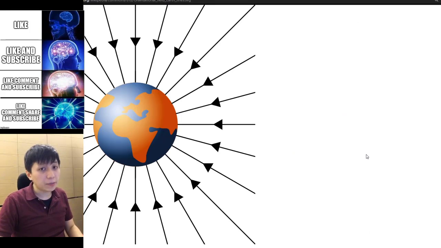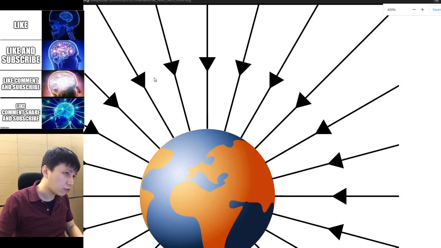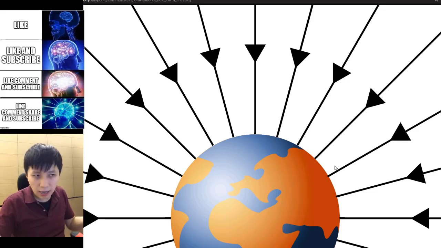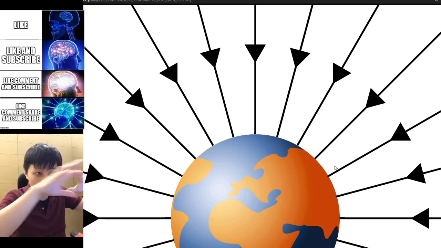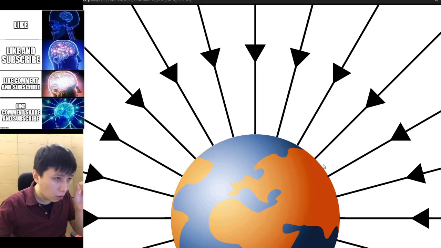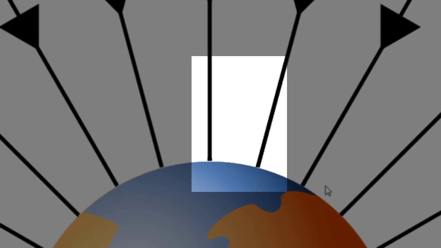The answer is simply you have to zoom in. So think about this as a planet which is large enough, and these are the gravitational field lines you can draw around it. If you imagine the lines are denser equally around the planet, then if you only look at a tiny part of the surface, they are more or less parallel lines.